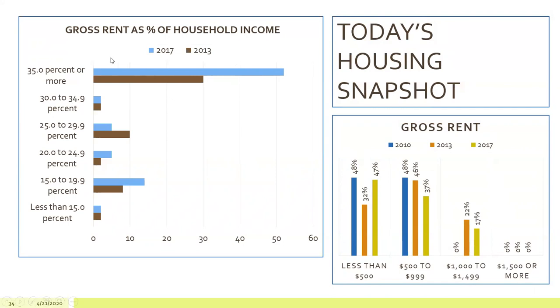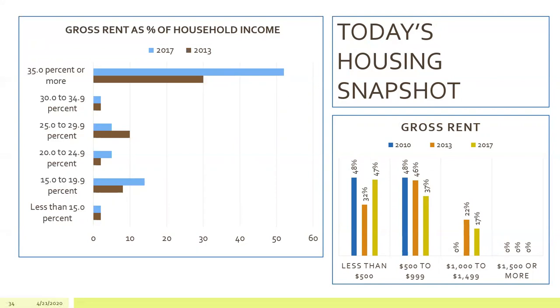So when we see this kind of change happening here, 2013 in brown, about 30% are paying 35% or more, and then by 2017 in blue, we've got over 50% paying 35% or more of their income. So that just means a really large proportion of the town residents are paying a substantial amount of their income on housing costs alone.